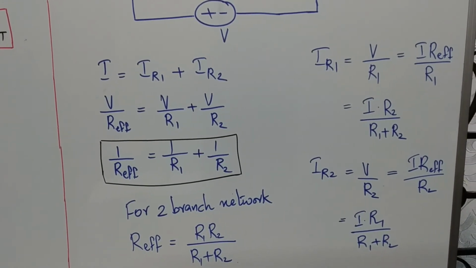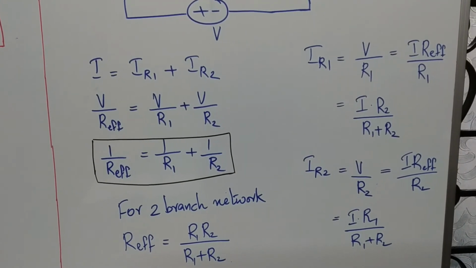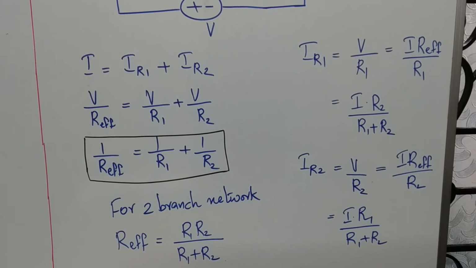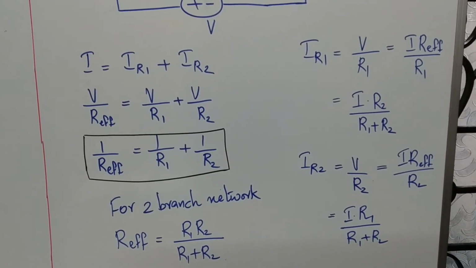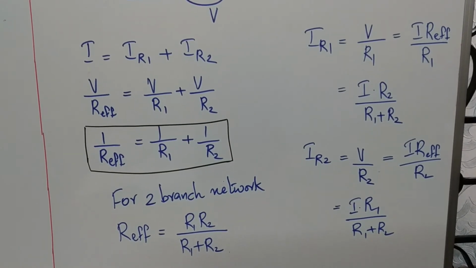For a two-branch parallel network, current flowing through one branch is equal to total current into opposite branch resistance by sum of resistance. Please take it down.